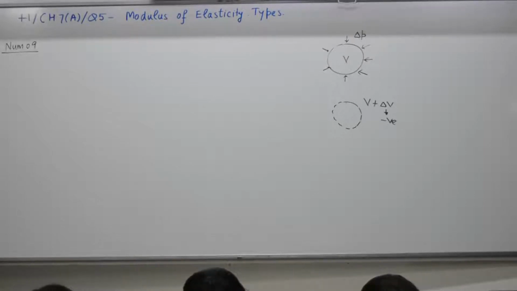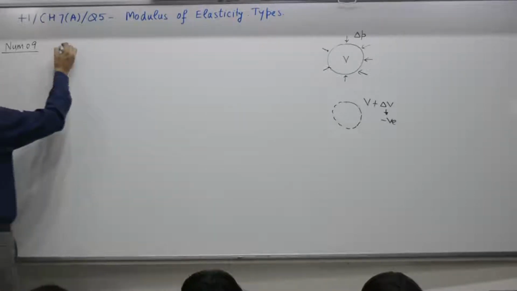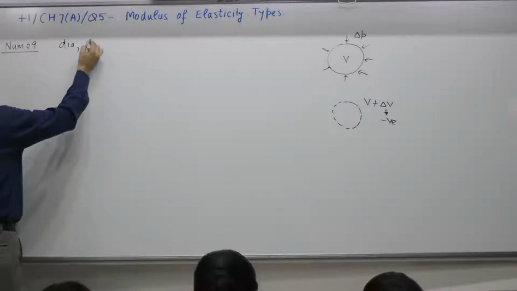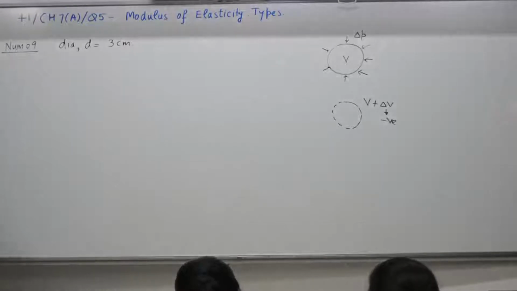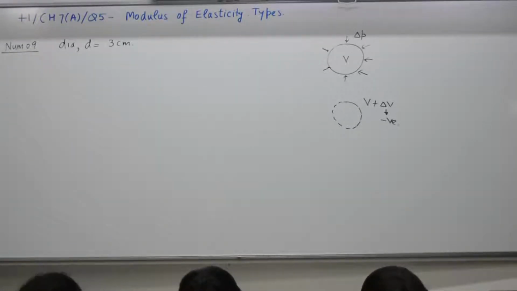Diameter of the ball D is 3 centimeter. Write what is given. Step 1 is to write what is given. Diameter is given.